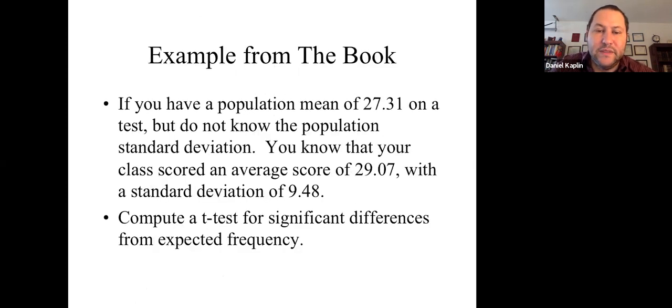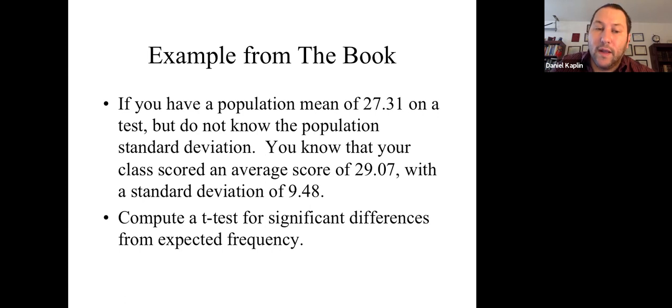All right, so here's another example where we might have to calculate. So if you have a population mean of 27.31 on a test, but you don't know the population standard deviation, and because you don't know the population standard deviation, you're going to use a one sample t-test, right?